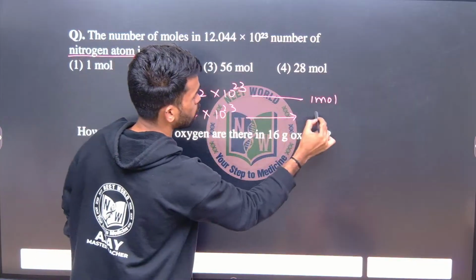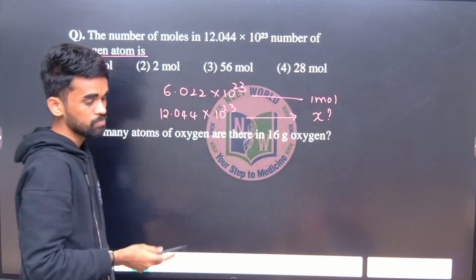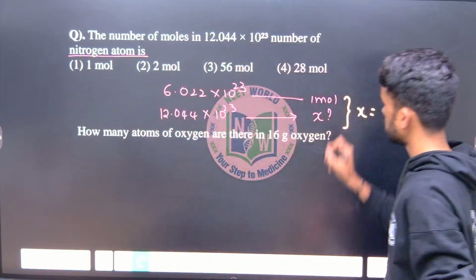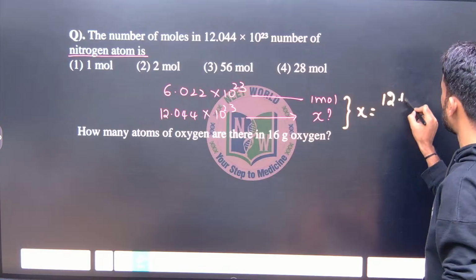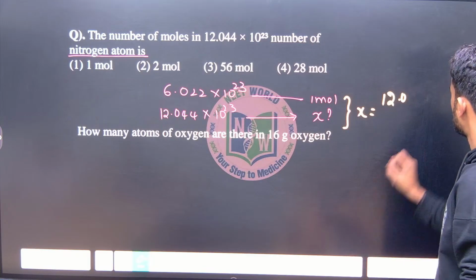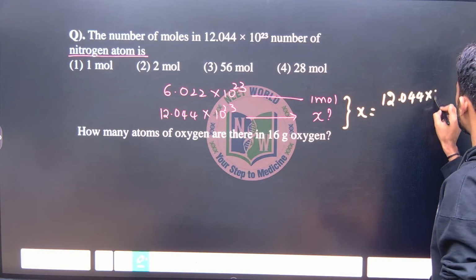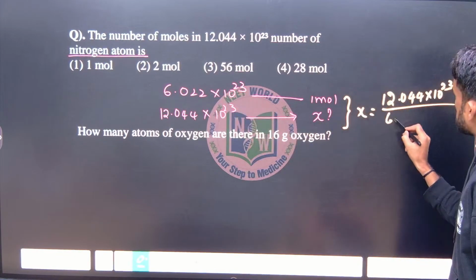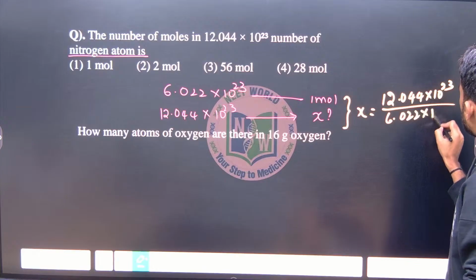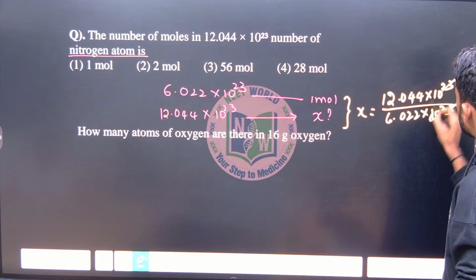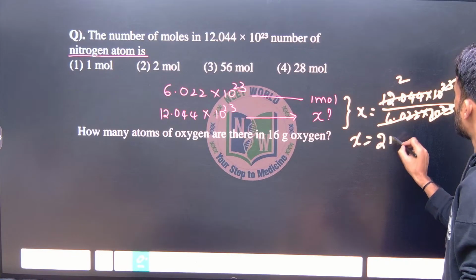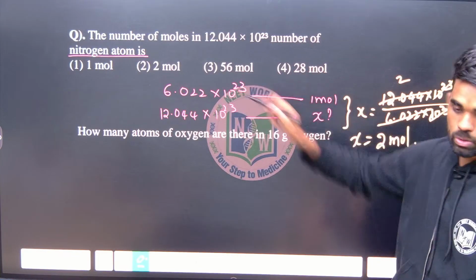This is how many moles? Like X moles I am saying. So X will be 12.044 into 10 power 23 divided by 6.022 into 10 power 23. So this will be 2. So X will be 2 moles of nitrogen atoms.